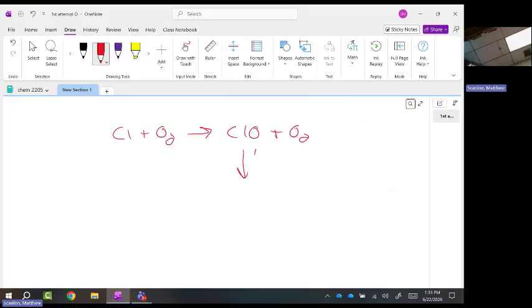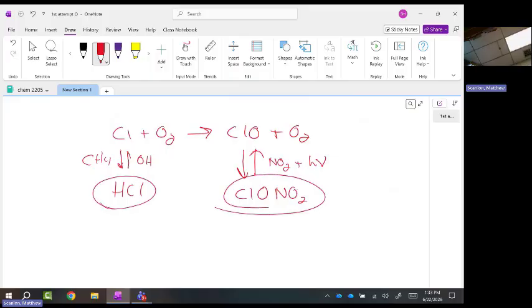And we remove ClO with the reaction of NO2 plus h nu, and we get ClONO2. And over here we have Cl being removed from the stratosphere with the reaction with CH4 and reaction with OH radical to give us HCl, and it favors this mechanism. So these are our reservoirs of HCl and ClONO2 that remove chlorine from the stratosphere.